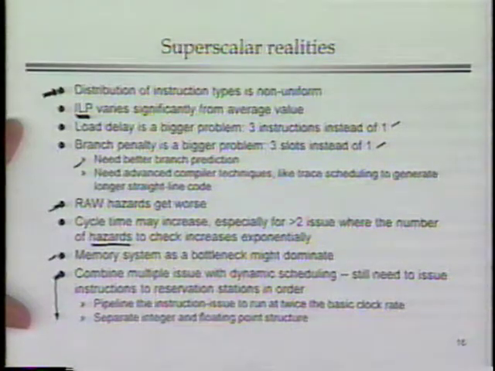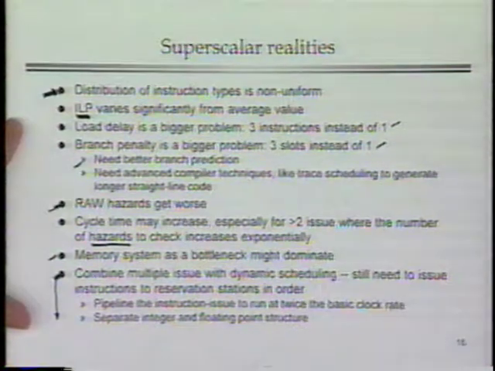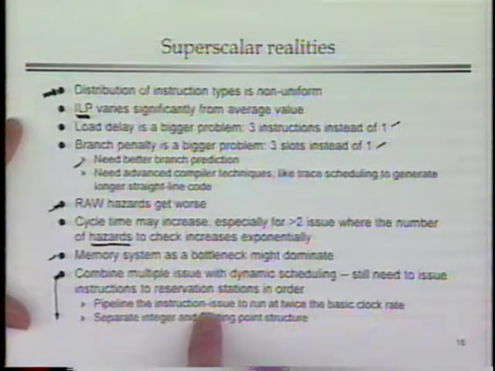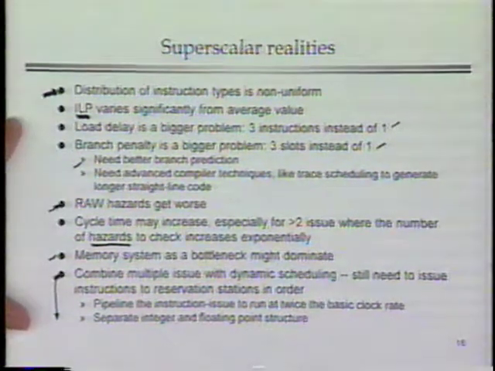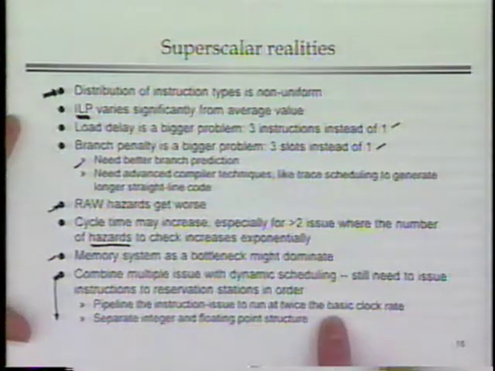Well, now you're issuing 2 instructions at once, so you've got to do something. Either you've got to design those units so you can somehow make 2 entries in sequence in those units in 1 cycle time, or you've got to pipeline the instruction issue so that it runs twice as fast as the rest of the machine. So you can make 2 entries into the reservation units, for example, or the reorder buffer in 1 cycle, and then they process things 1 cycle at a time.